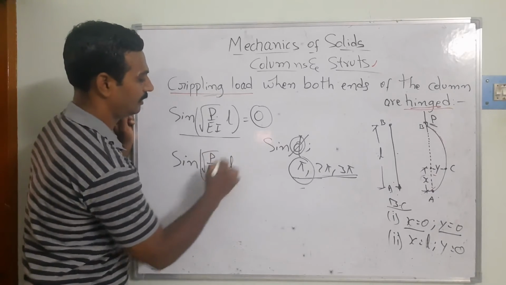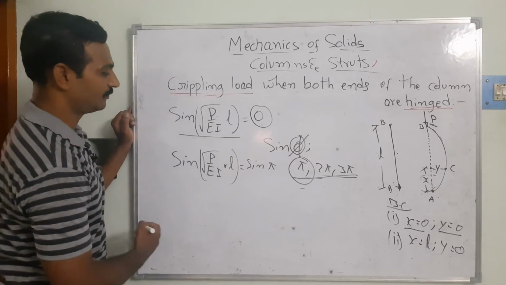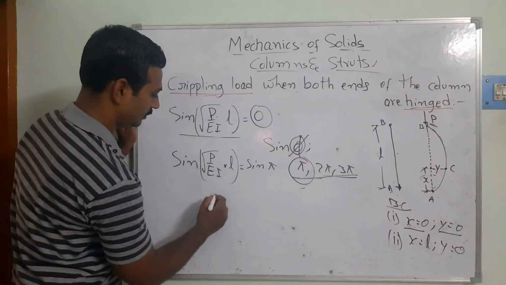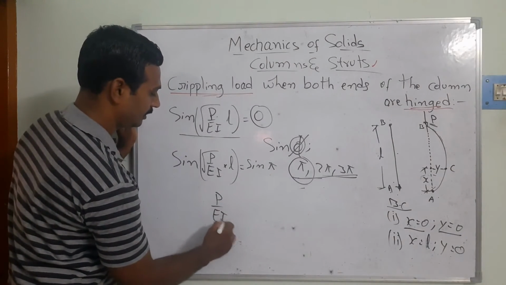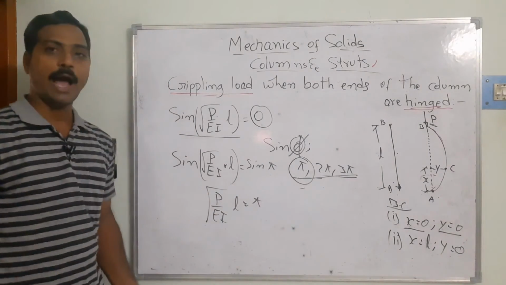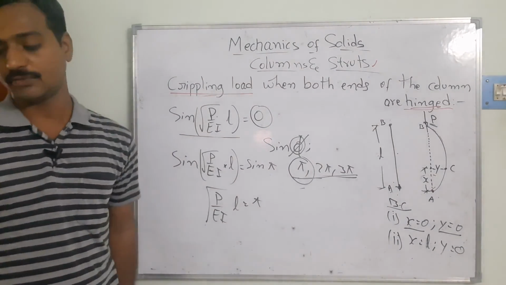into L is equal to sin pi. Further simplification of this equation, we are going to get the square root of P by EI, times L, is equal to pi. Now I am going to simplify this equation by taking the terms to the right side and the left side.